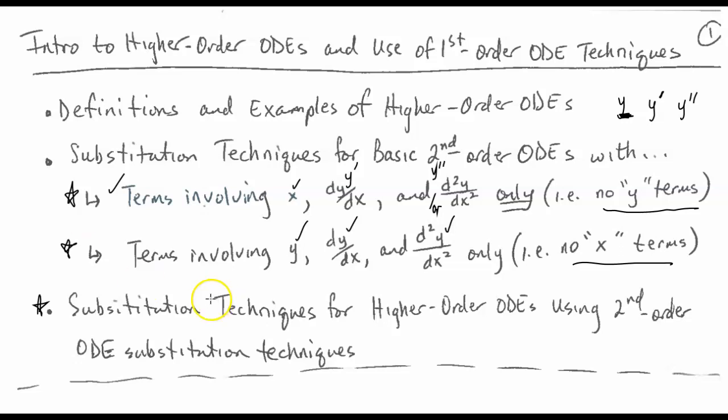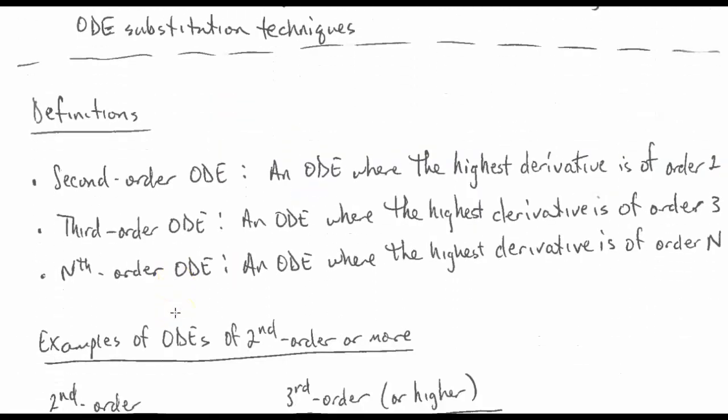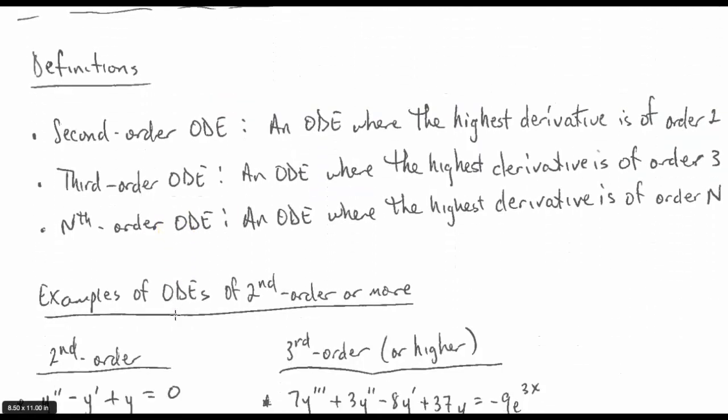All right, so before we get into actually doing these techniques and going over what those techniques entail, let's go over a few definitions here, okay? So when we say we have a second order ODE, all we mean is that we have an ordinary differential equation where the highest derivative in any term is a 2, okay?